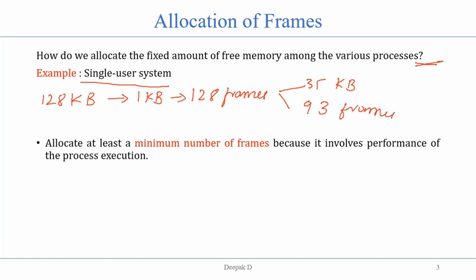for the user process. Under the concept called pure demand paging, all these 93 frames would initially be kept in a free frame list. Whenever a user process starts its execution, it generates a sequence of page faults.